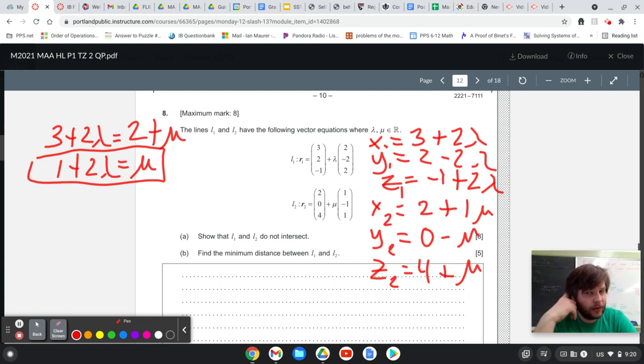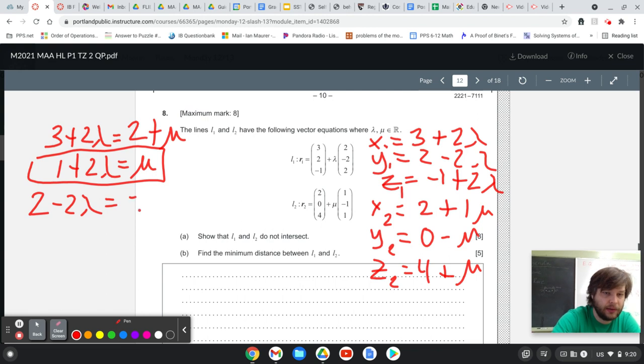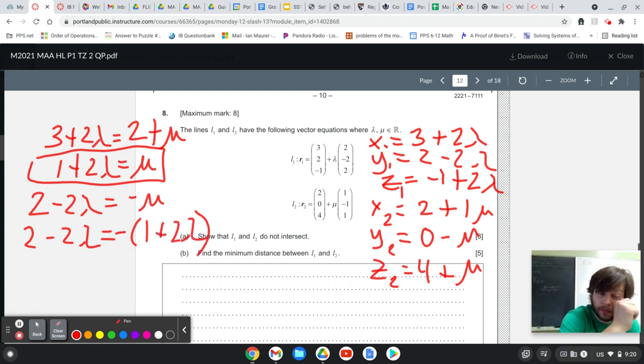Now I'm going to set the y coordinates equal to each other. So the y coordinate from the first line is 2 minus 2 lambda, and the y coordinate from the second line is just negative mu. And there's a substitution. So I'm going to substitute on the right side of the equation. Mu is equal to 1 plus 2 lambda, so I have negative times 1 plus 2 lambda.